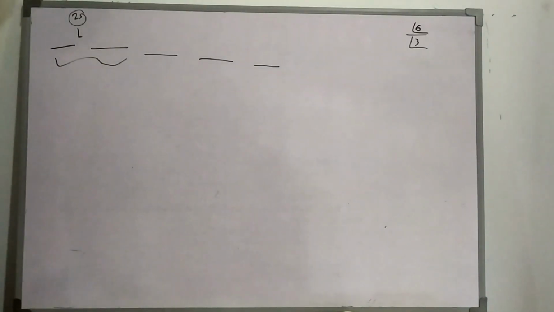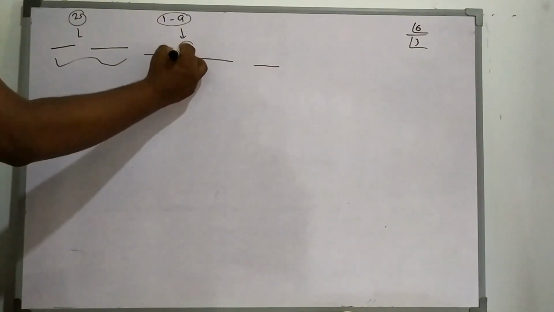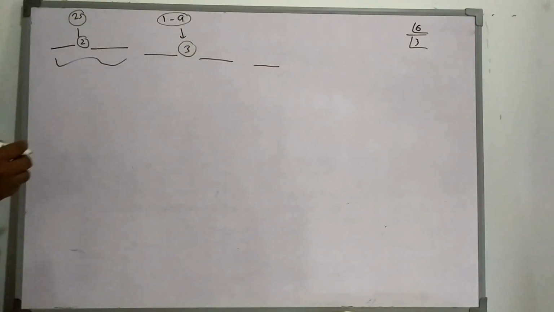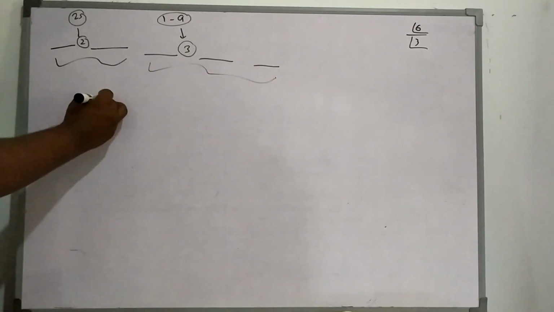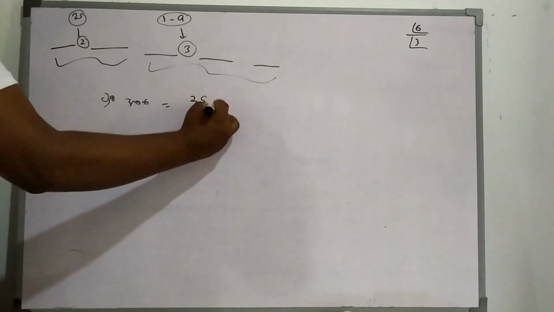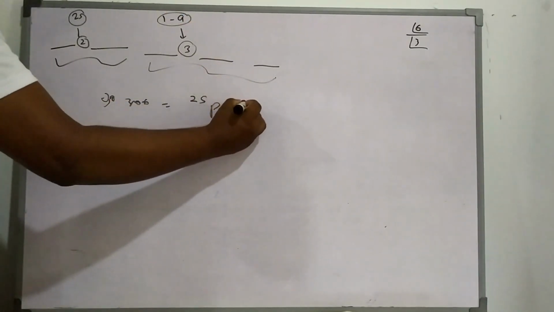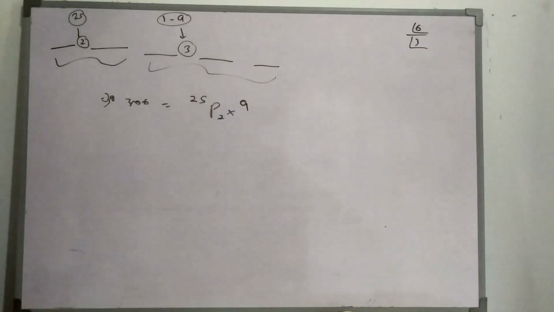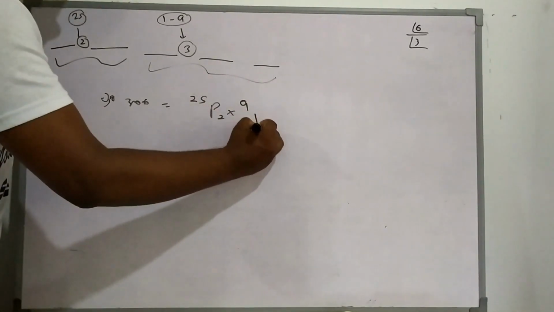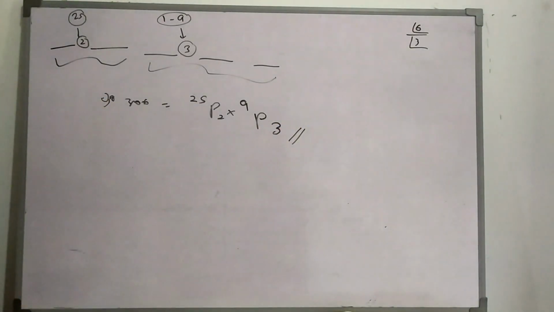The other part is 3 spaces, and 1 to 9 is suitable, right? So 25P2 is the total arrangement for the English letters, and 9P3 for the numbers, right?